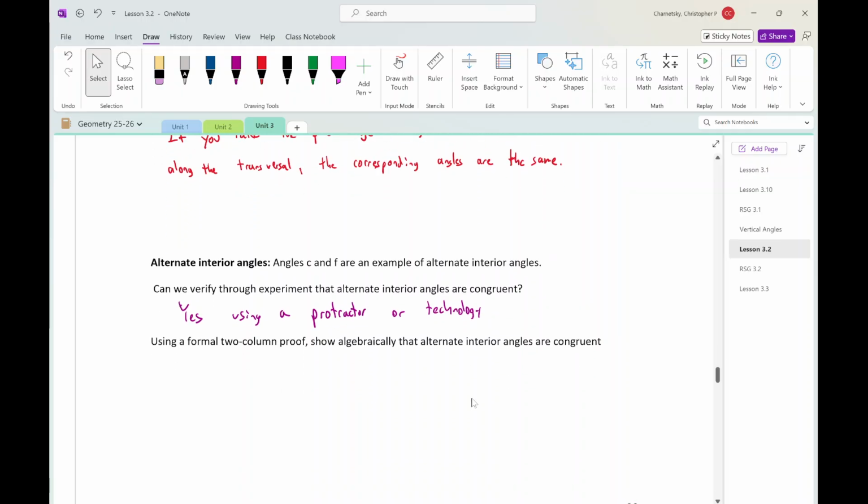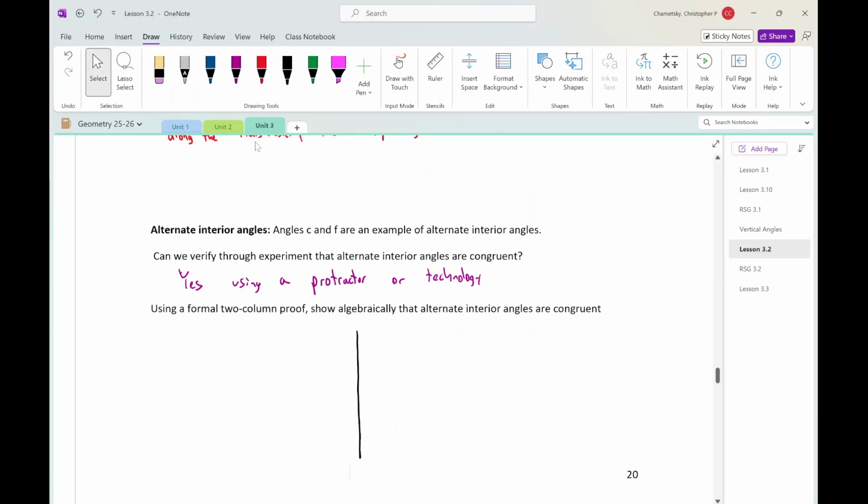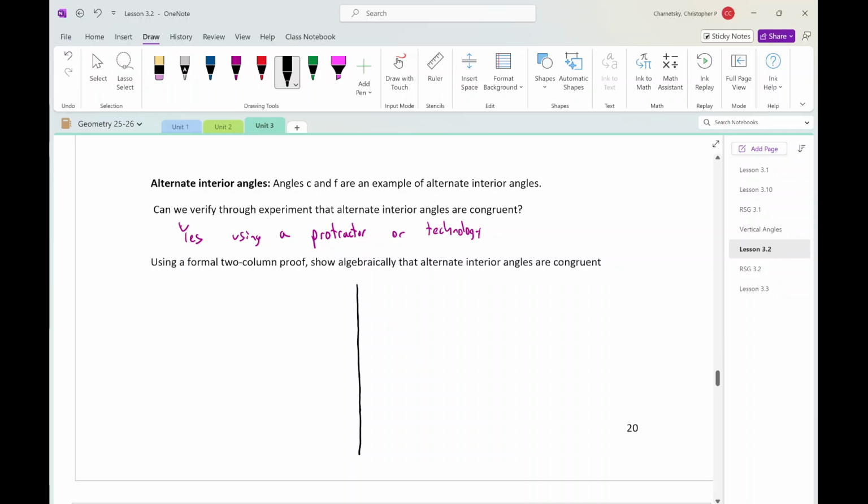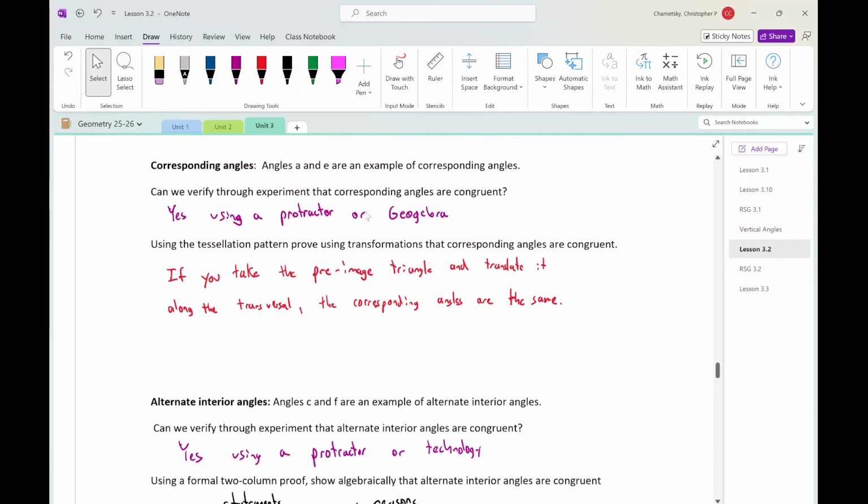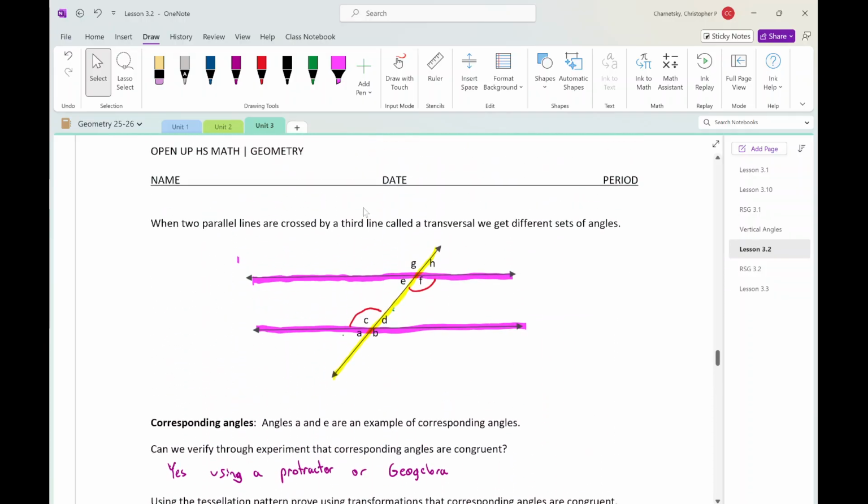So now we're going to prove it using a 2-column proof. So this is our algebraic proof. I'm going to set up a 2-column table with statements and reasons. And our first statement, looking at our picture, I'm looking at angle C here, and I want to say, is there any other angle that I know is congruent to angle C?